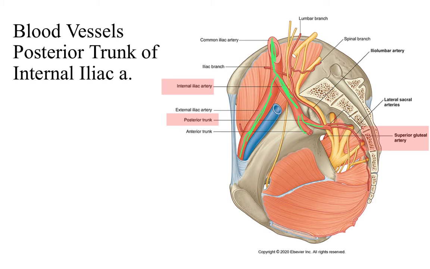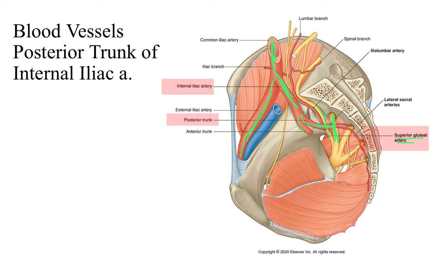And so one of the blood vessels that you should be familiar with is the superior gluteal artery. And notice that that is a branch coming off the posterior trunk, going between the lumbosacral trunk here and S1. All right, so that's where you'll find the superior gluteal artery going between the lumbosacral trunk and the S1.